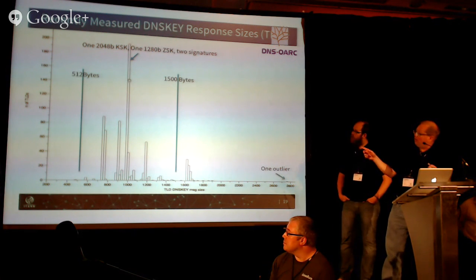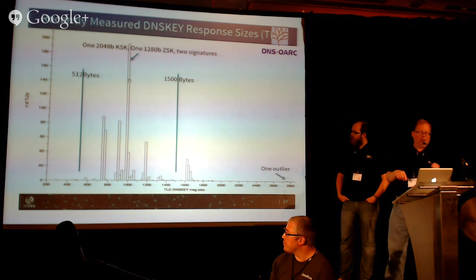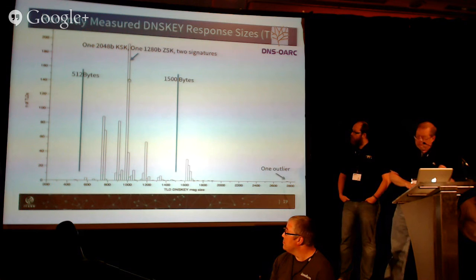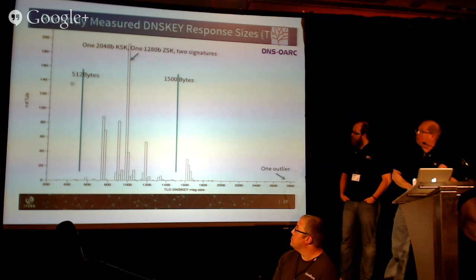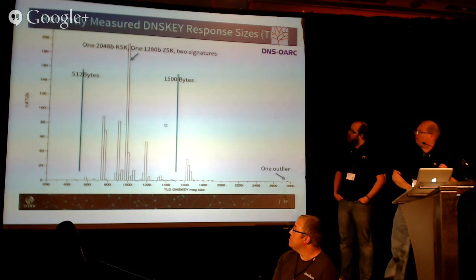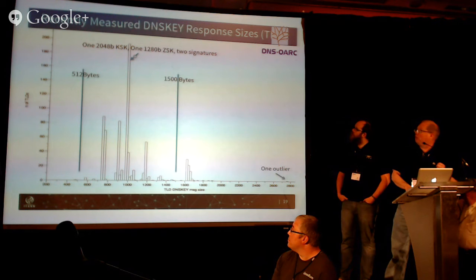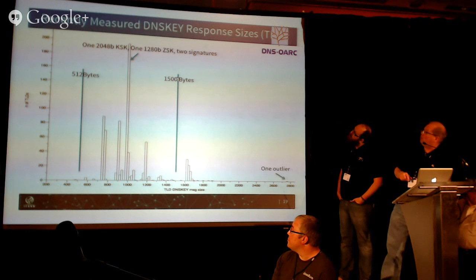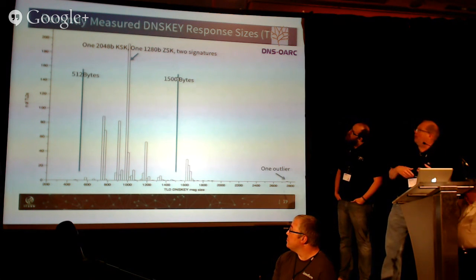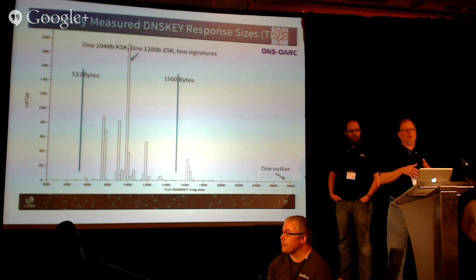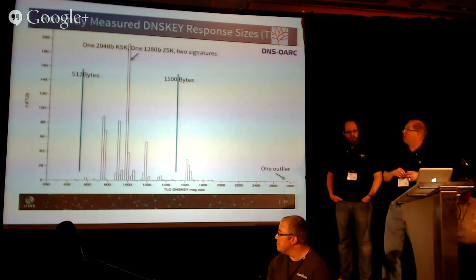This graphic is a histogram of how many TLDs have what size. This is 512. This is 1,500 bytes. I'll leave the other numbers out. The tall bar in the middle stands out for those who have a 2K KSK and about a 1K ZSK with 2 signatures. That's where most of the TLDs by count sit.